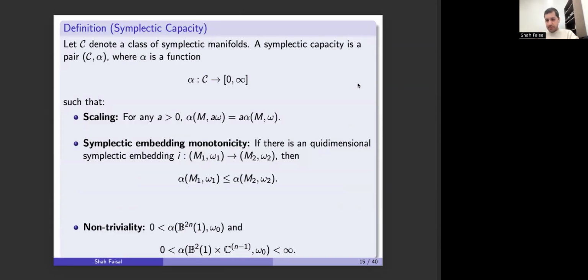Take a class of symplectic manifolds, all of which have the same dimension. A symplectic capacity on that class is a function to the non-negative reals that assigns to each symplectic manifold some number, but that number behaves like area. So if you scale the symplectic form by some positive constant, the whole number is scaled by that constant.